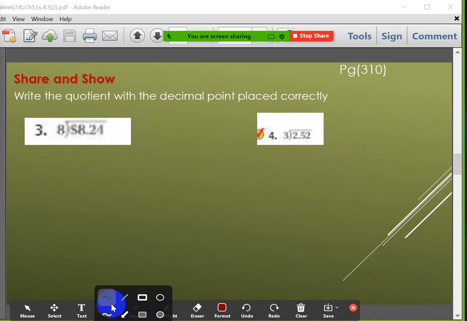Now I want to divide. Okay, I will write it again. 58.24 divided on 8. Let's start. Now I want to divide 8.